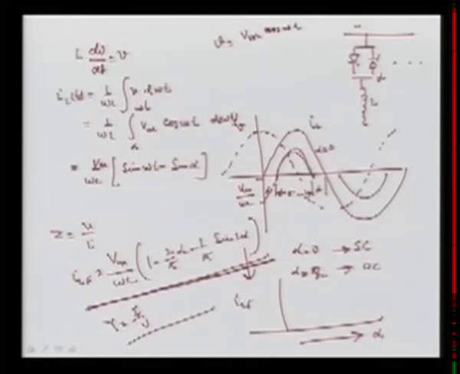We have taken only the fundamental component and are ignoring harmonics. You can see it starts from a higher value when alpha is 0, and then at pi by 2 it is 0.